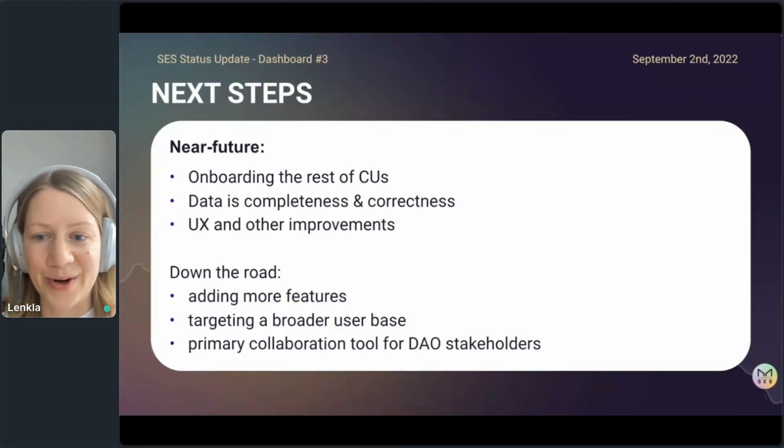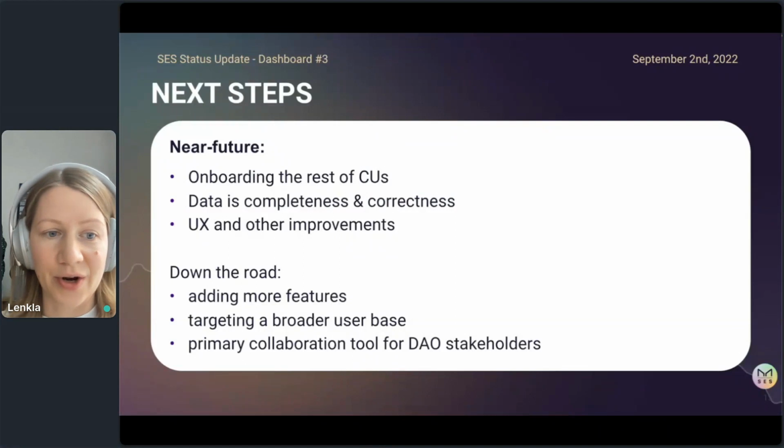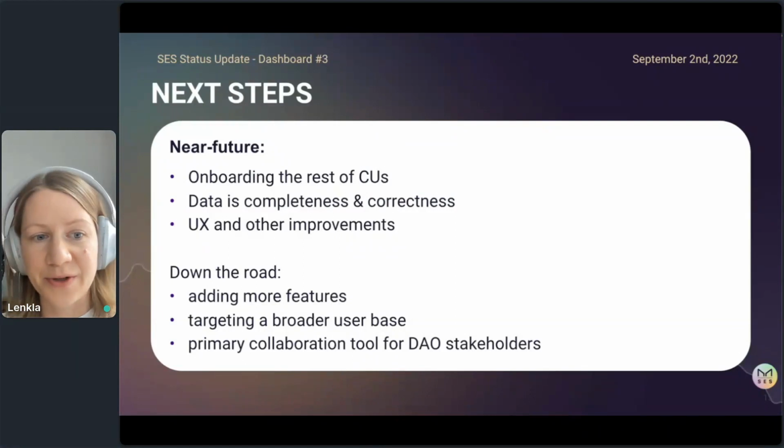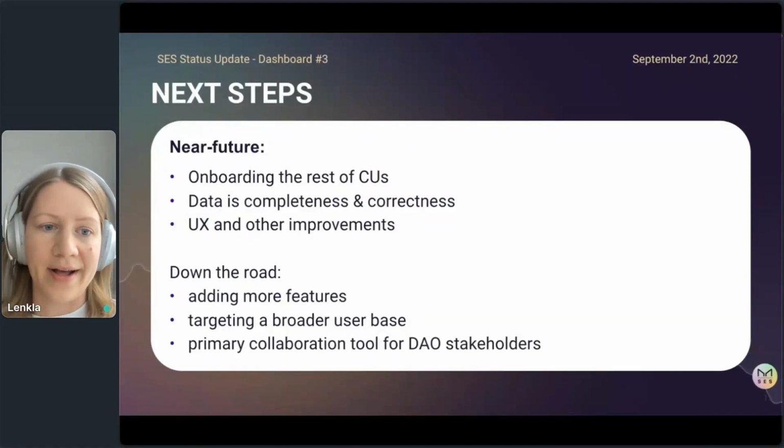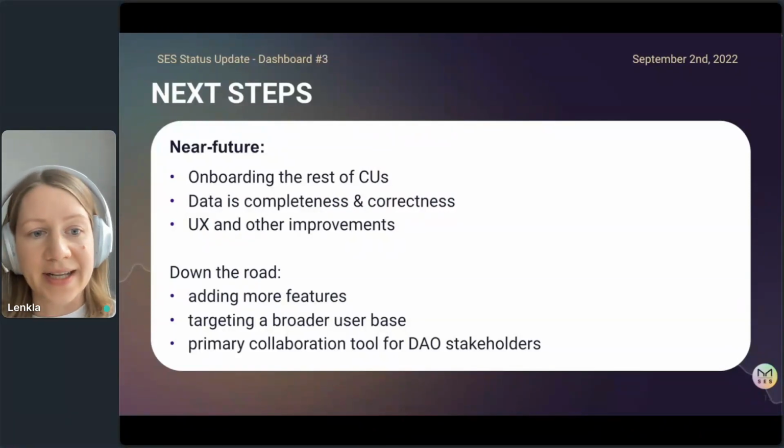But our end goal, our large goal, is for this dashboard to be transformed into a primary collaboration tool for all DAO stakeholders. And that also includes adding more features, adding more data, and targeting a broader user base, including the core problems that delegates and MKR holders have as well.